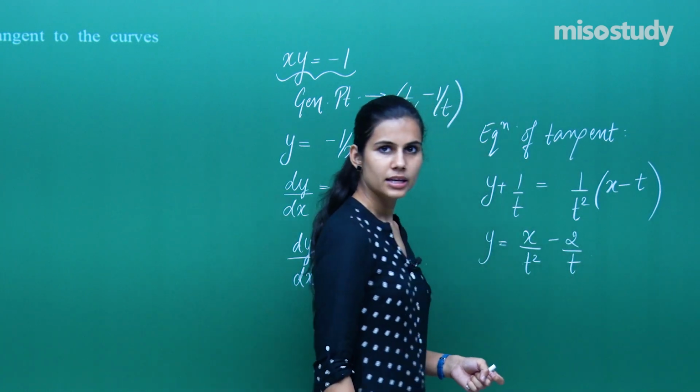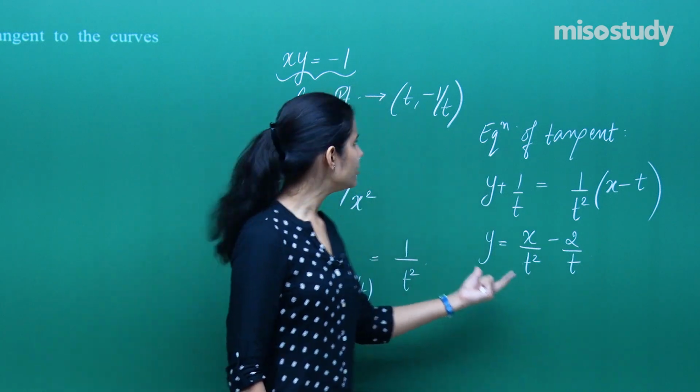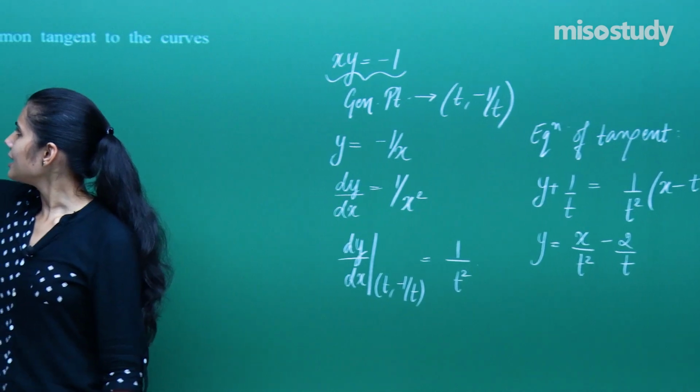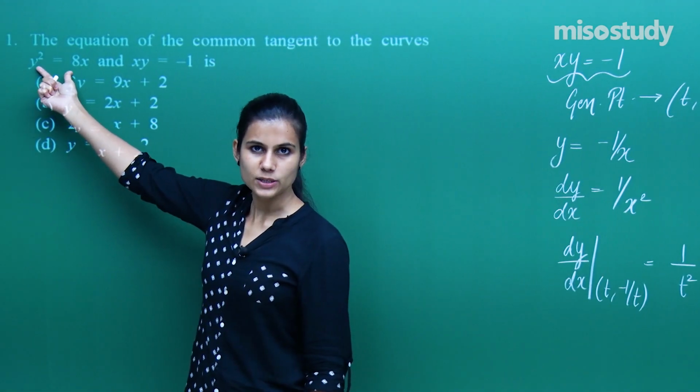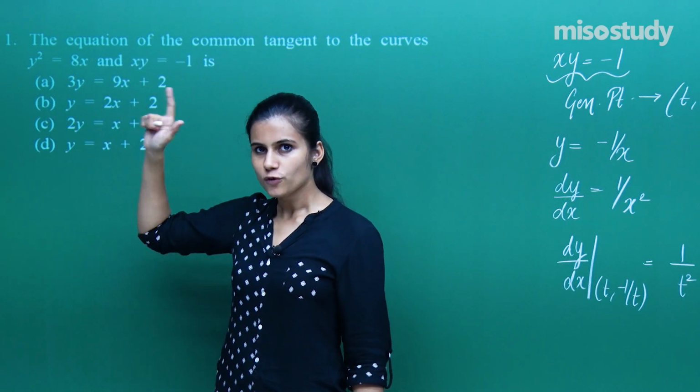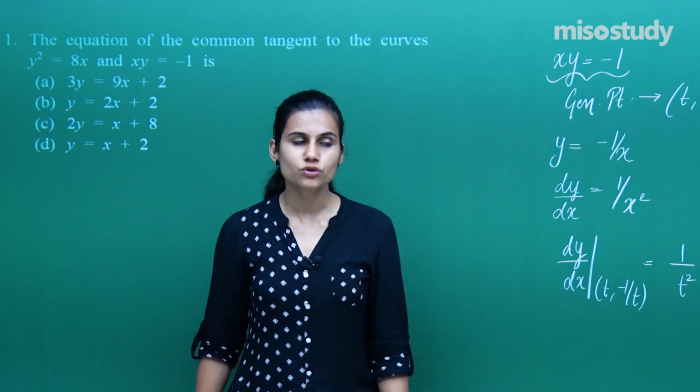2 by t. The same tangent, which is a tangent to this curve at a general point, is a tangent to my standard parabola y square equals 8x as well, which is y square equals 4 into 2 into x. So 4a equals 8, small a is equal to 2 over here.